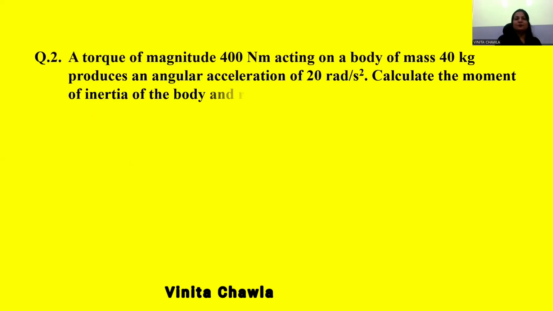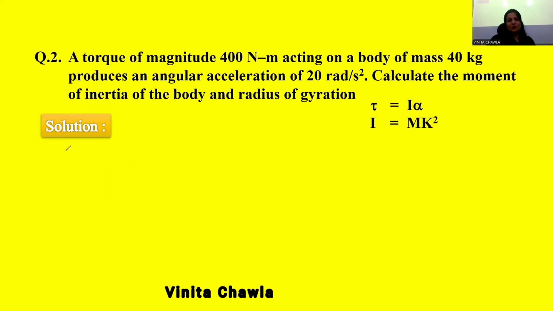Question number 2. A torque of magnitude 400 Newton meter is acting on a body of mass 40 kg. So torque is given, mass of the body is given. It produces an angular acceleration of 20 radian per second square. Alpha is given. We have to find moment of inertia, means I, and radius of gyration. I is torque by alpha.